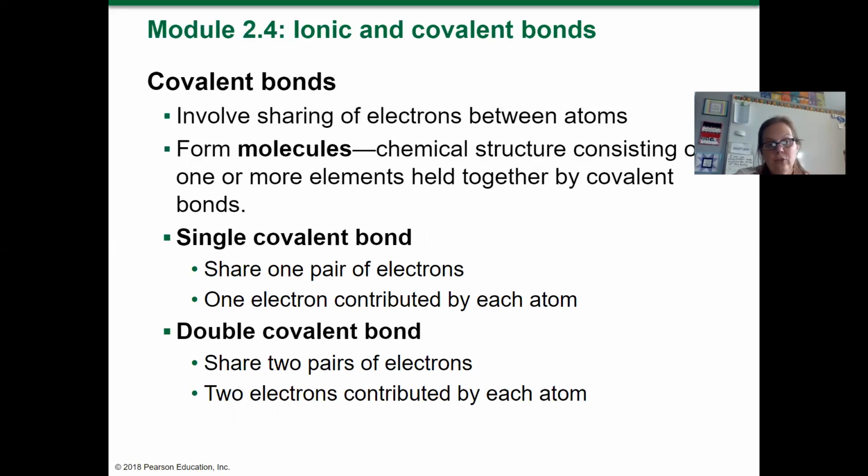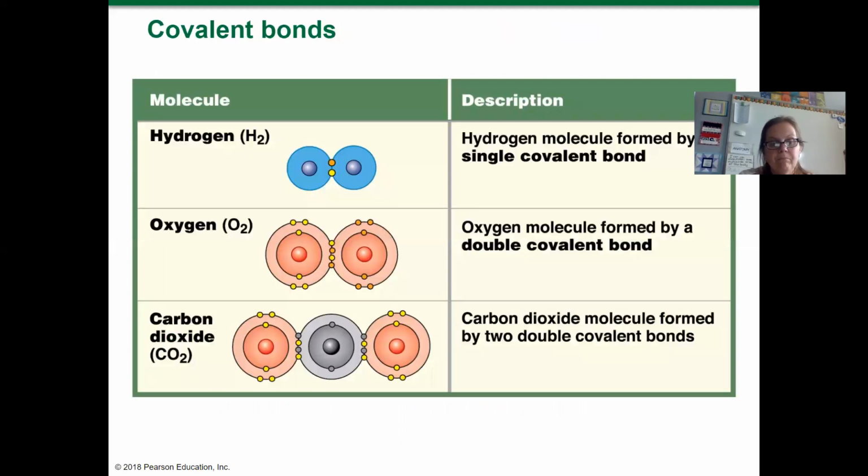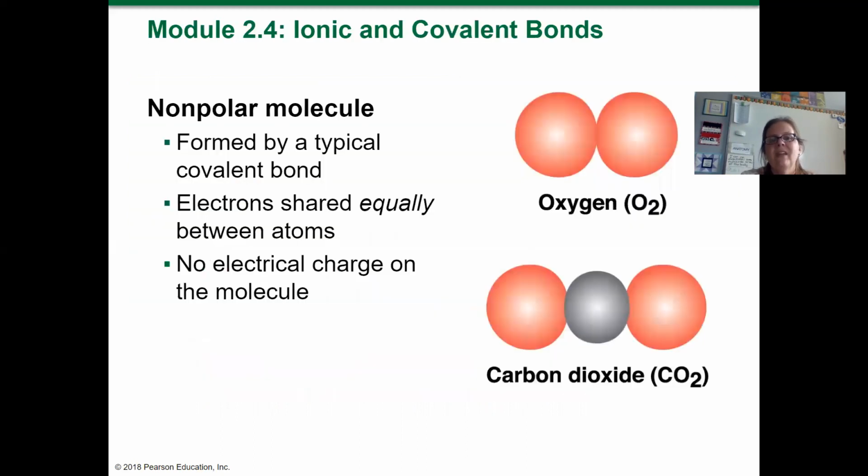If you have 1 pair of electrons shared, that's a single covalent bond. If you have 2 pairs of electrons shared, that is a double covalent bond. These are the ones that make up living things, mostly the organic compounds, which we'll be talking about in the second part here. Non-polar molecules are the ones where the electrons are equally shared, so there's no slight charge on any end of it.